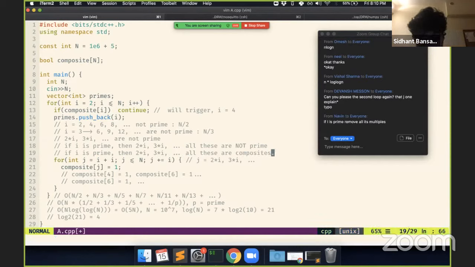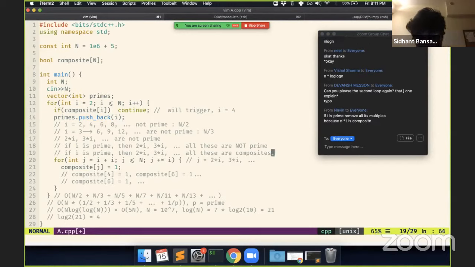Excluding the one case, we never went through 1 because I started from 2. When we found that i is prime, because we ran till line 14 and line 13 didn't get executed, since we are prime ourselves, we strike off all the multiples of ours.